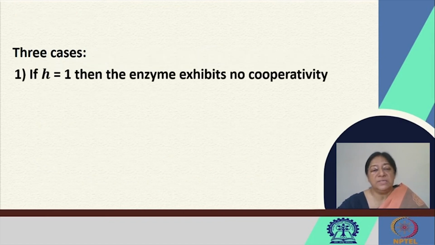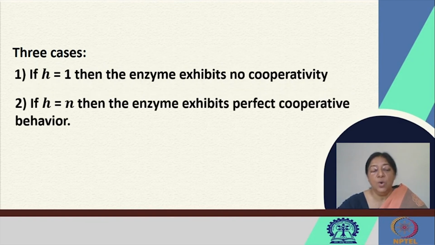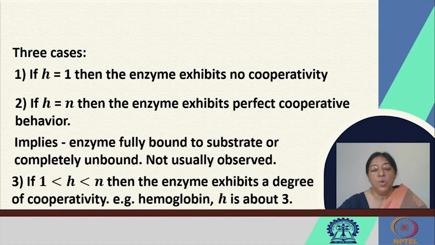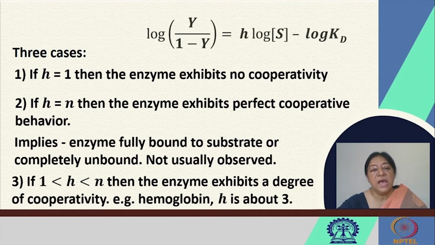So there are three cases: when we have H equal to 1 in our expression, there is no cooperativity. When we have complete cooperativity, or we can have a specific intermediate where the enzyme exhibits a specific degree of cooperativity. In this case, hemoglobin has this cooperativity, and the equation that we show here has an H value of about 3.